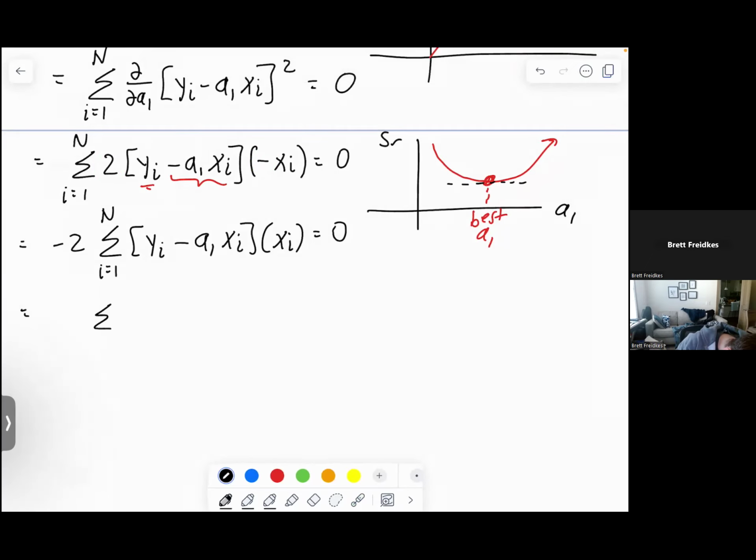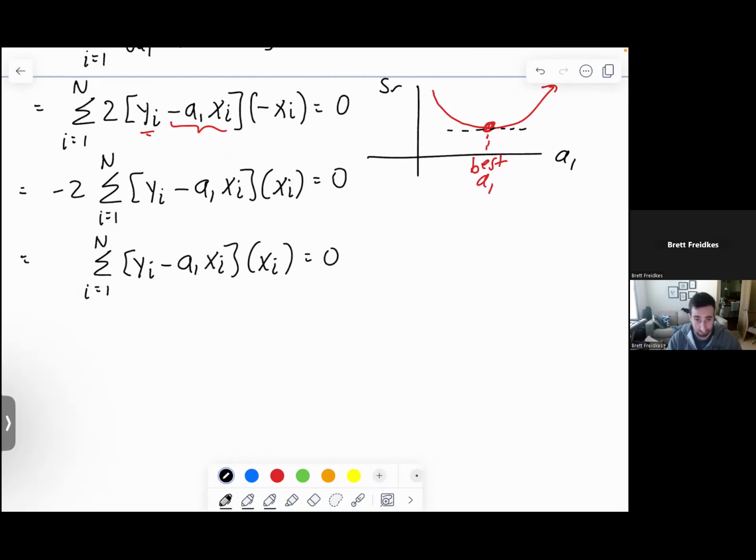So this is going to be the summation from i equals 1 to n of yi minus a1 xi times xi is equal to 0. I'm going to distribute that xi to those other terms because that wasn't there before.